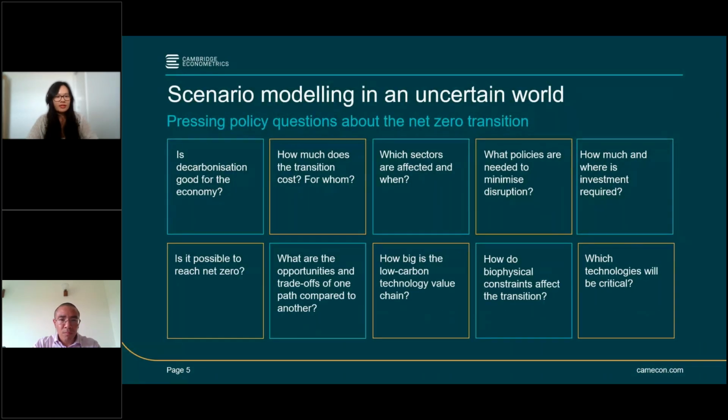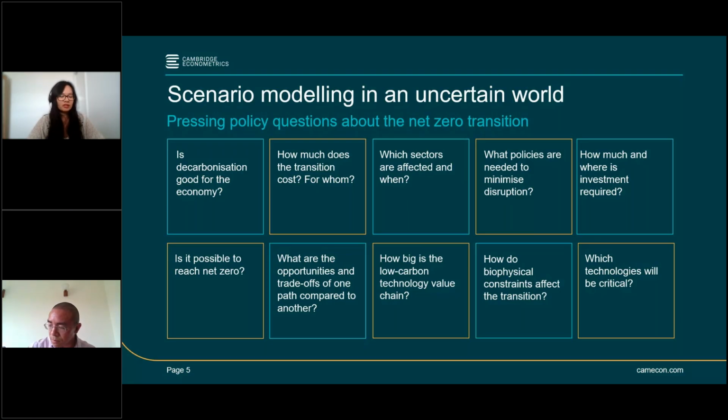So, for example, our clients and collaborators are very interested in understanding if decarbonisation is good for the economy, how much it may cost, and what are the potential opportunities and trade-offs of following one path compared to another, and whether it would affect their decisions differently if they are located in a certain industry or a certain part of the world, for example.